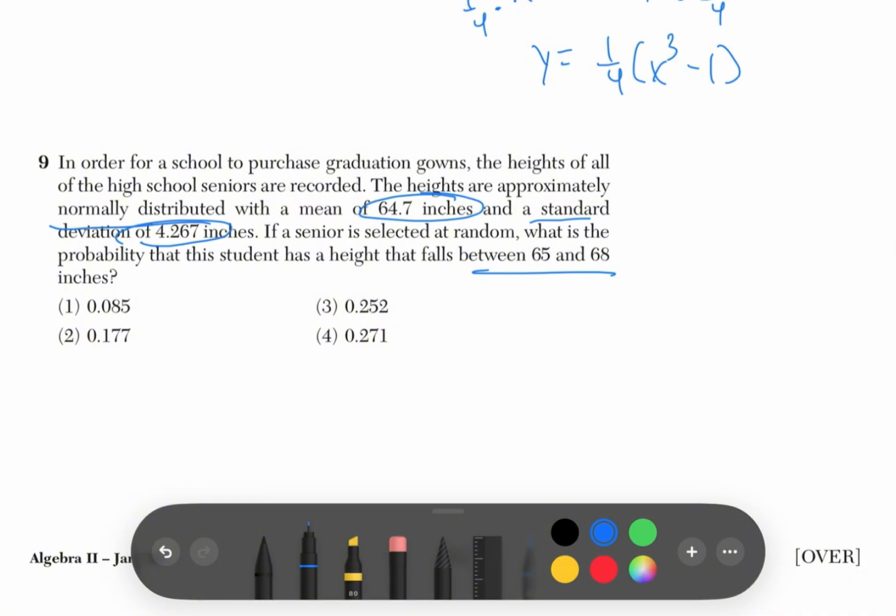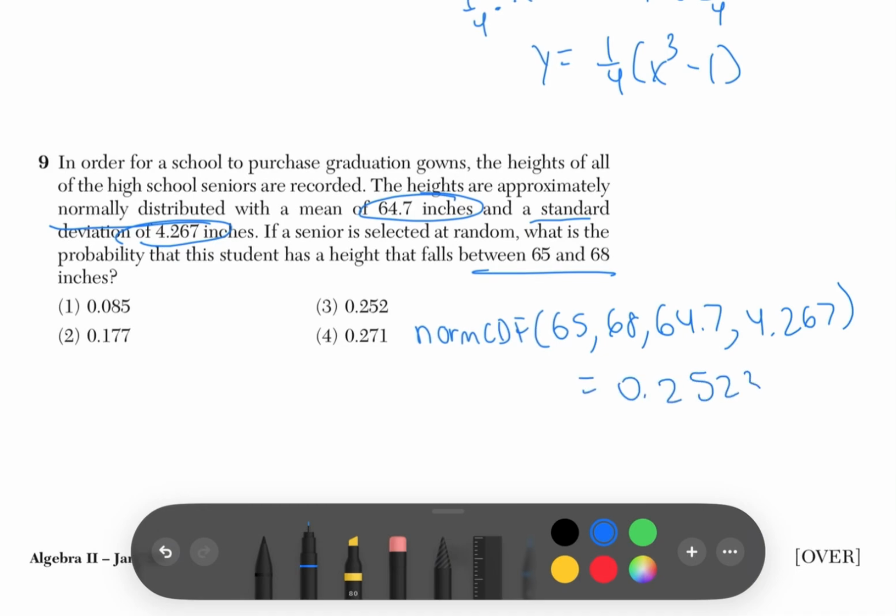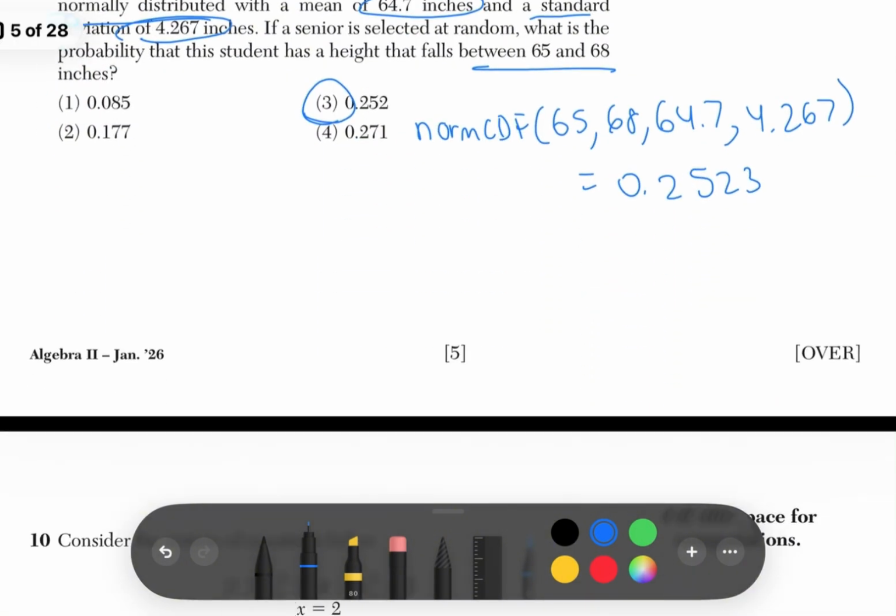We enter that. So your answer is going to look something like this. Norm CDF, then 65, 68, 64.7, then 4.267, and you're going to get 0.2523. And this will round to option 3.